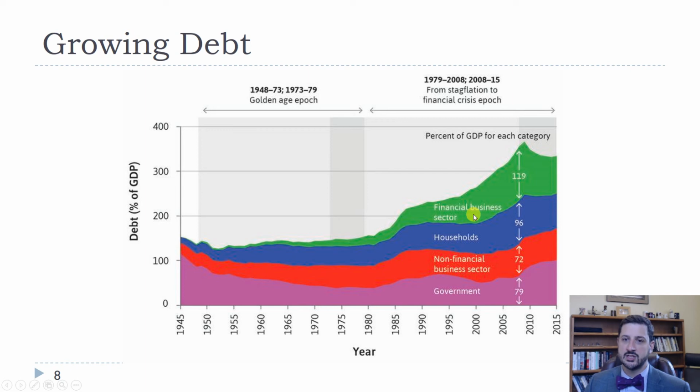And then especially the financial sector experienced a big increase in debt. And remember that when financial sectors have a lot of debt, they do that because it increases their leverage and can increase their profits when times are good, but then it can also put the financial sector in a much riskier position, as we saw with the Great Recession.